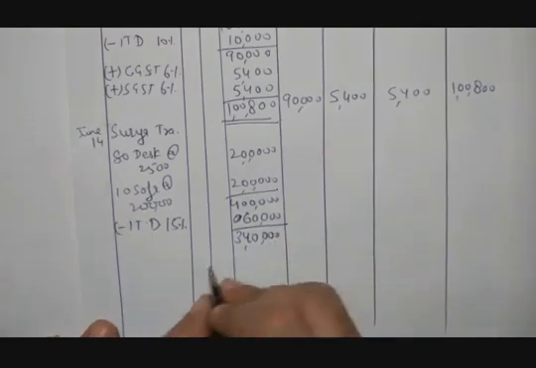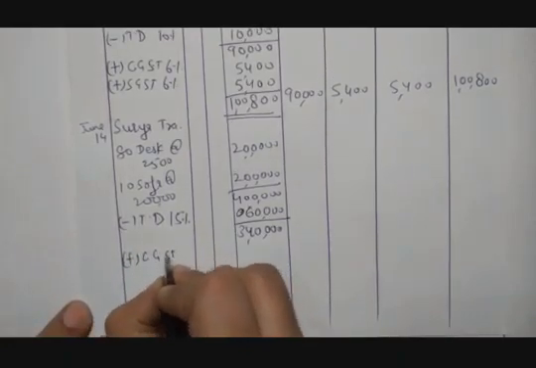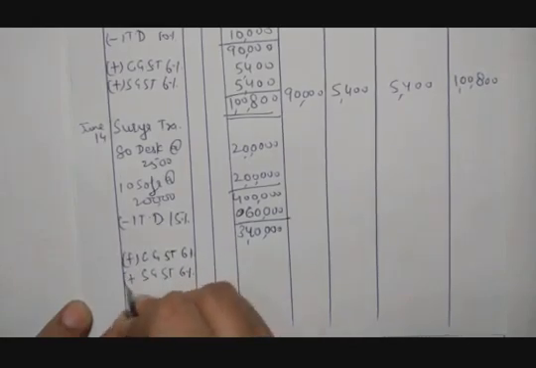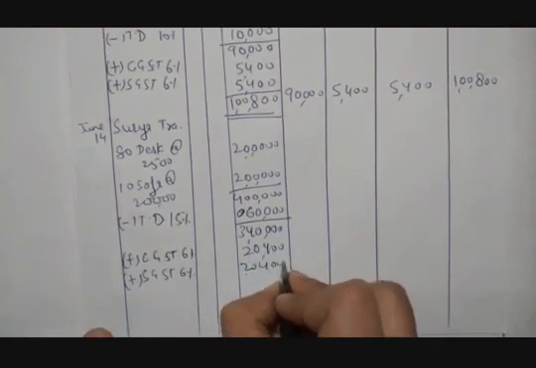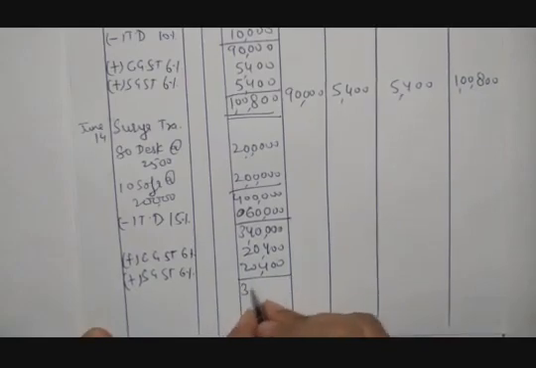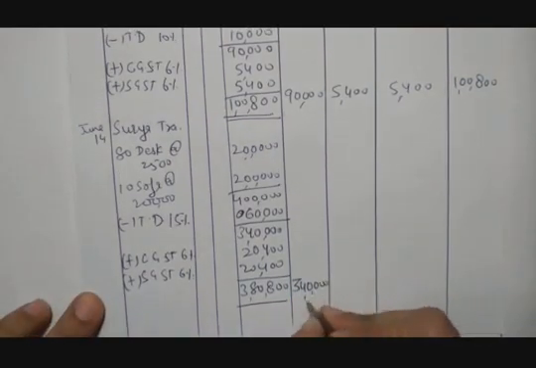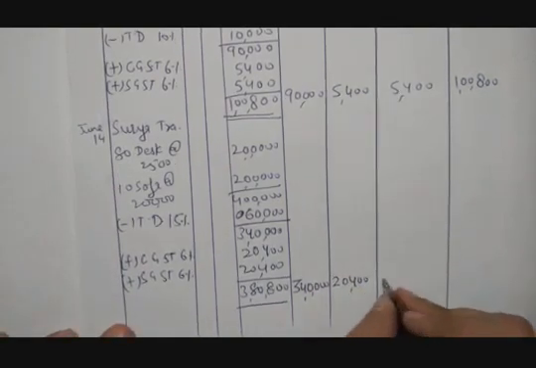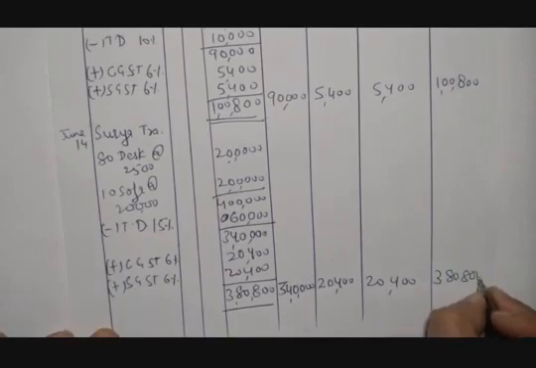We have deducted from it. Now beta, we will have to add CGST and SGST both. CGST 6%, SGST also 6%. Fine. So it will be 20,400, 20,400. Now the amount is 3,80,800. We will write in cost column 3,40,000. We will write in CGST column 20,400. Here 20,400 and total of the column is 3,80,800. Fine.